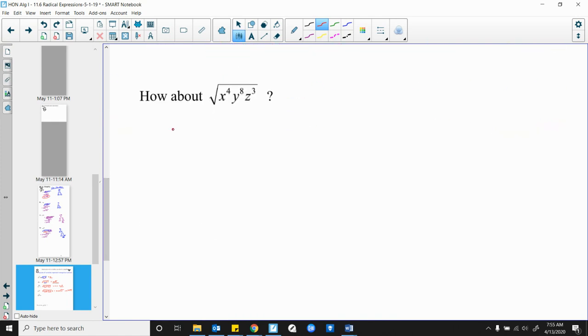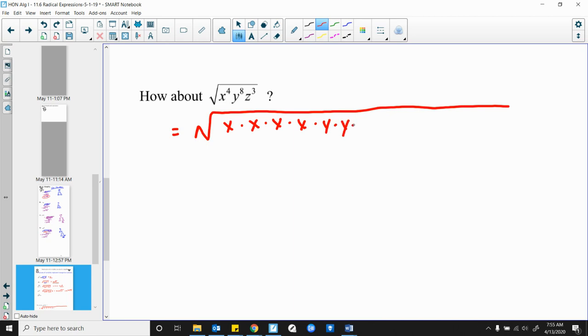This one here, if I write this out, I have a big long radical sign here, and I'm going to have x times x times x times x times y times y times y times y times y times y times y times y. I think that was 8. 1, 2, 3, 4, 5, 6, 7, 8, times z times z times z.